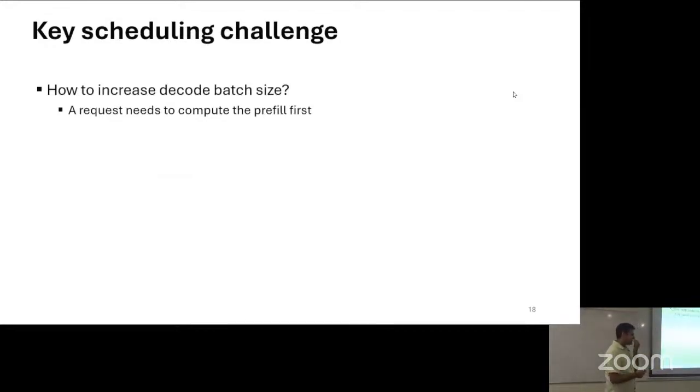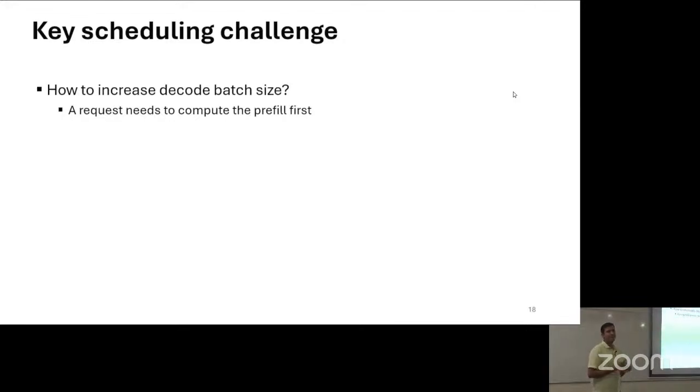Now the challenge here is, particularly by batch size, we mean batch size during decode, because decode is mainly bottlenecked on memory. So we want to increase the decode batch size. But if you look at the timeline of a request, the first phase of processing is the prefill phase, which, depending on the size of the prompt, can take a long time.